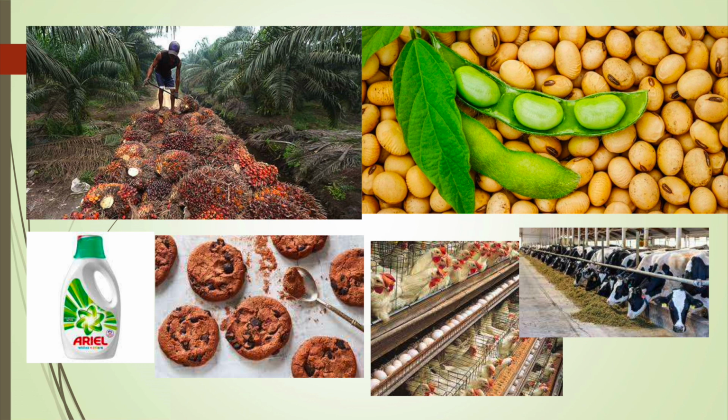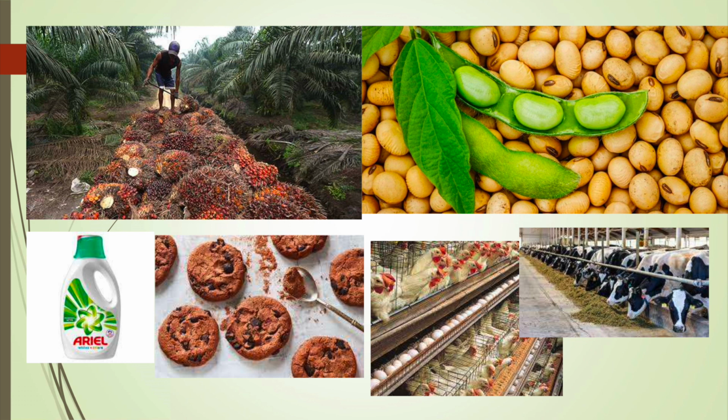This is the case for oil palm, for instance, which is produced in Southeast Asia and which enters as a necessary component now in a lot of processed food, like cookies here, or even in other kinds of necessary products for us, like detergents or cosmetics.